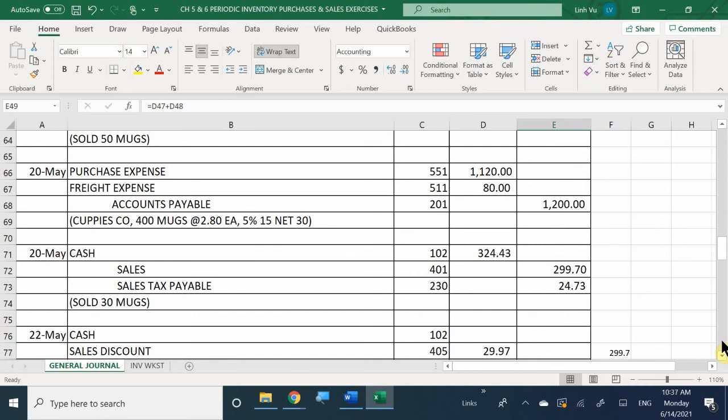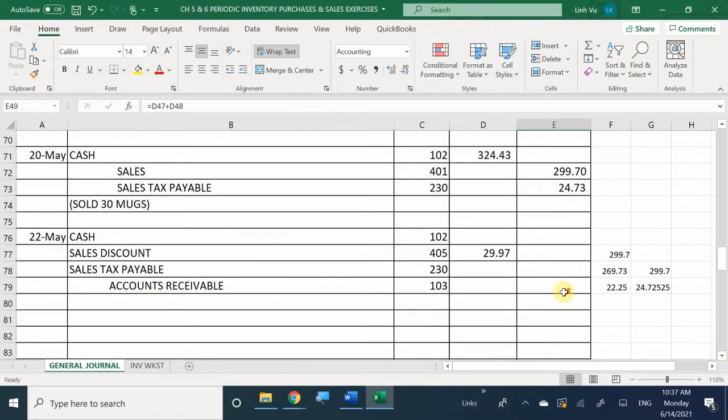We can't charge them for the full tax because they received a discount, right? Their total amount now is $269 instead of $299. So how much tax do I need to give back? Because right now on his account, I charged him for the full amount. I have to give it back because I'm discounting even more money.